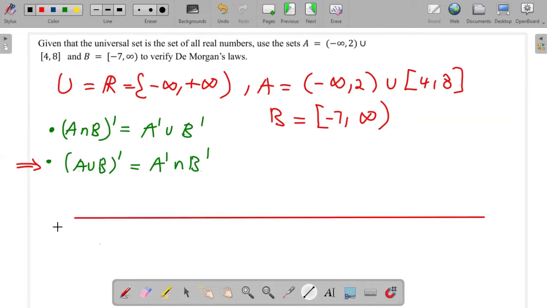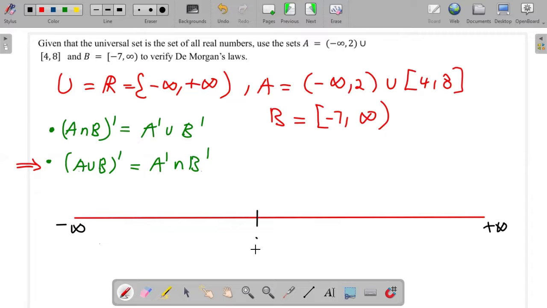I've said the universal set is from minus infinity to positive infinity. If you want, you can put some open circles at the end to show that the infinities are not included. If you want, just leave it like that. There's no problem. So here we have A union B complement.